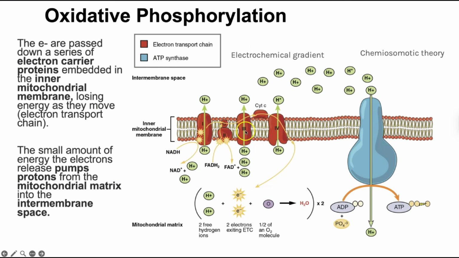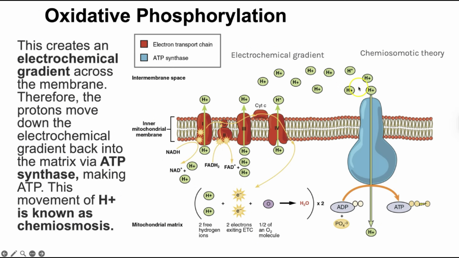As they move from protein to protein, they release a small amount of energy, which is used to pump the protons from the mitochondrial matrix into the intermembrane space, which is the gap between the inner membrane of the mitochondria and the outer membrane. That then creates an electrochemical gradient, meaning lots of this ion, the hydrogen ion, on one side.